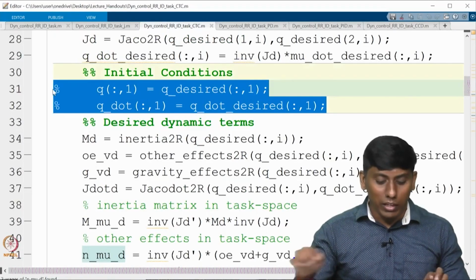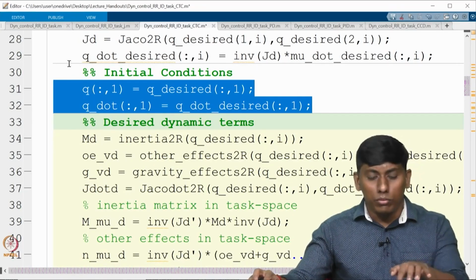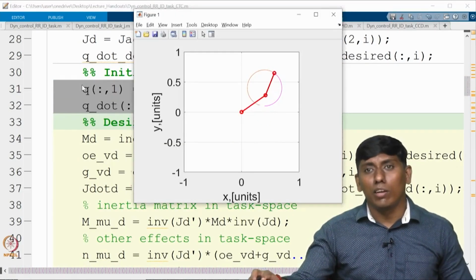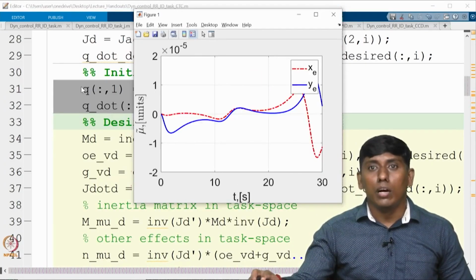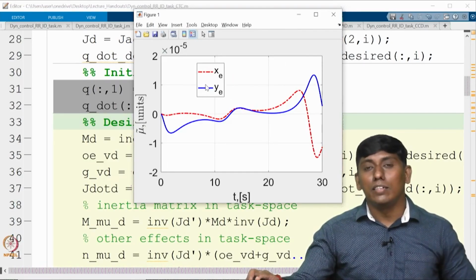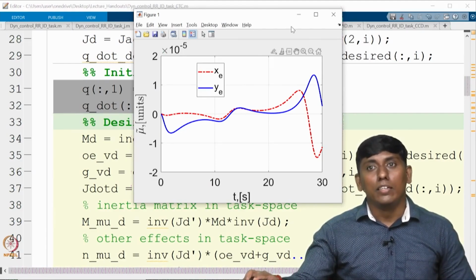Then you can see that it would give a much smoother response. It is much more superimposed, and the switching is not happening, right. Now you can see this is in the order of 10 power minus 5, in the sense it is almost micro-level error, or you can say sub-millimeter level error in terms of meters, if I talk in meters, right.